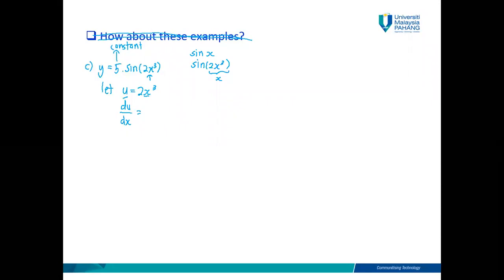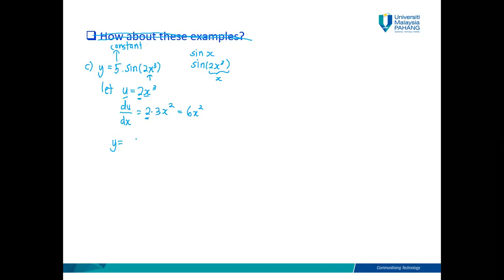Okay, x cube. Differentiate 3 ke depan, 3 darab 2. 2 remain sebab constant. 3 turun depan, x kuasa kurang 1. 3 tolak 1, 2. So dapat du over dx sama dengan 6x square. Okay? Okay, so now nak buat apa ni?